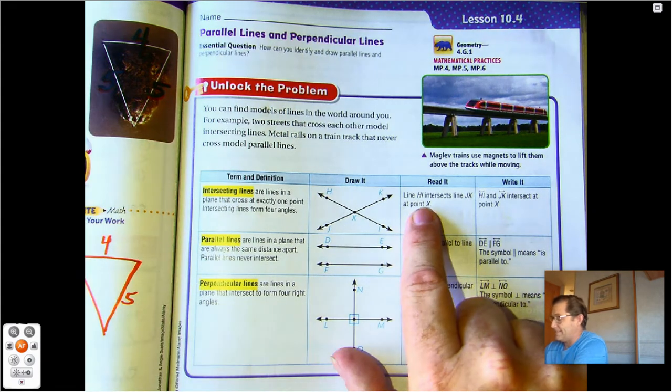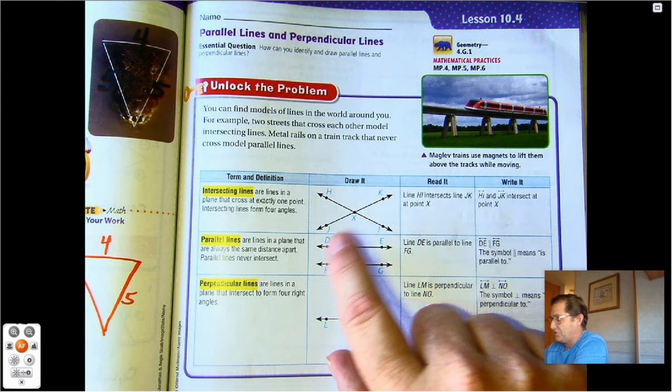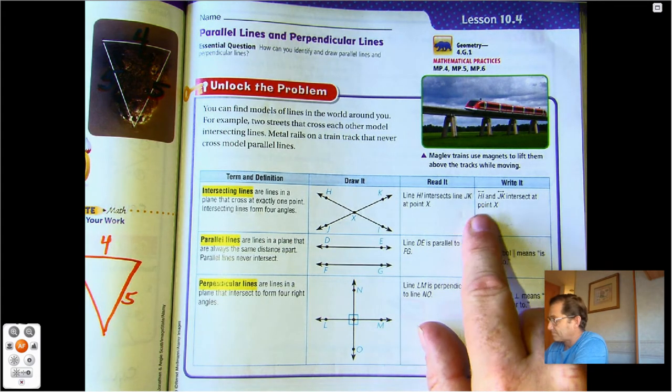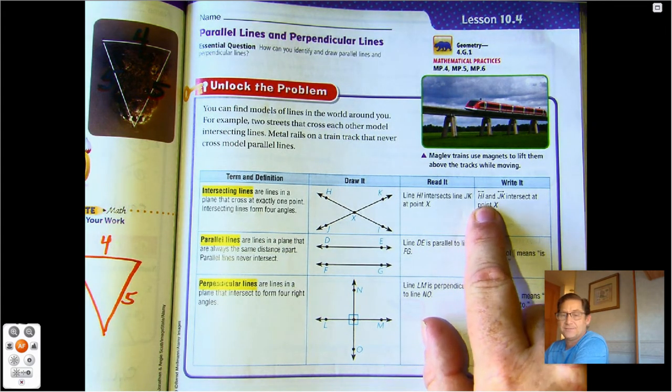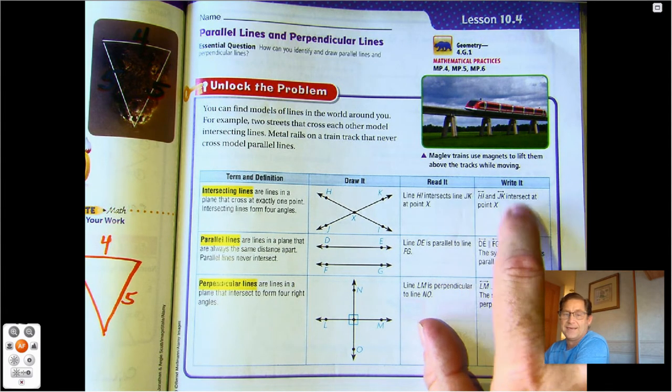We read this as line HI intersects line JK at point X. And this is how we would write it: line HI and line JK intersect at point X.